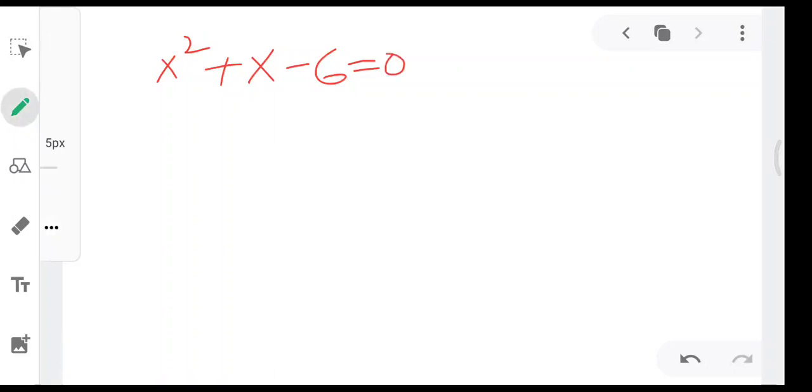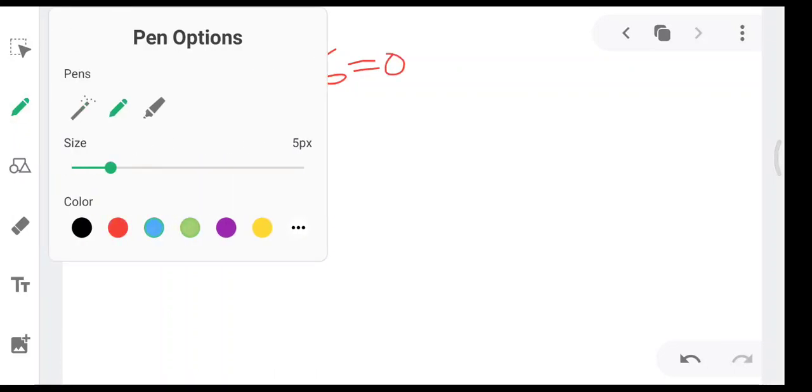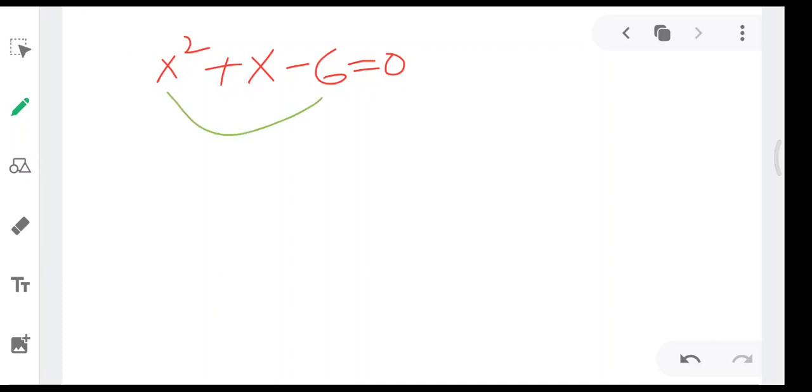Another example of factorizing: x square plus x minus 6. I want to find the factors of this. Very simple. Here I'll use the splitting middle term method because there are three terms. Multiplying the first and the last term, I'll get minus 6x square. So 6 goes in 3 table, 3 2 times and 6 1 times.